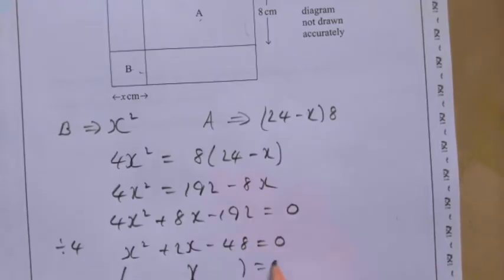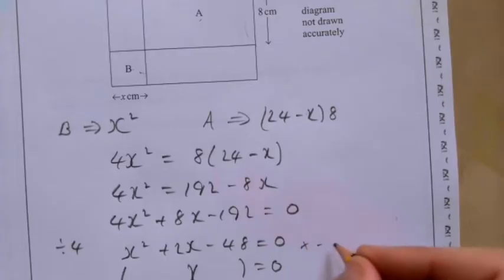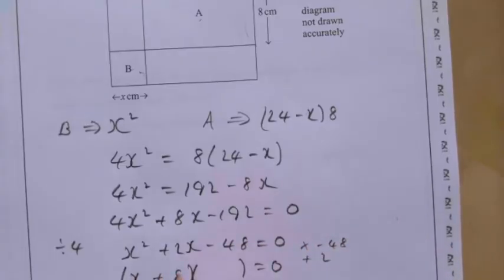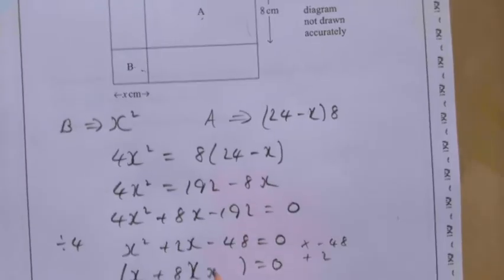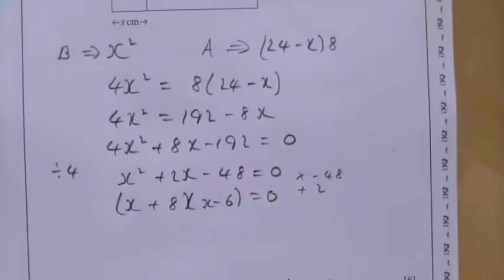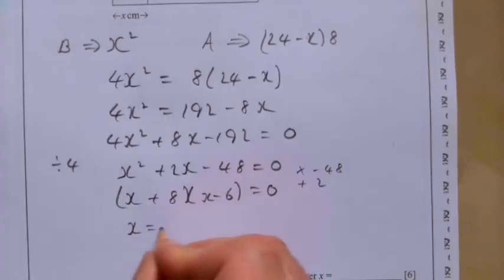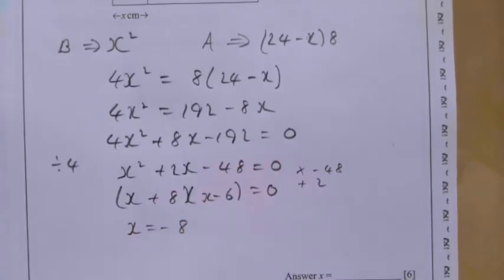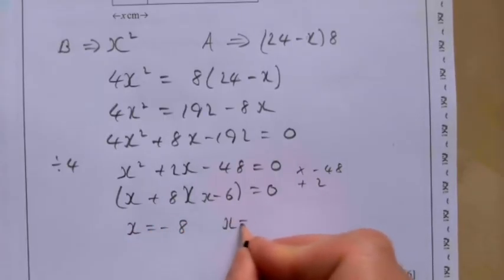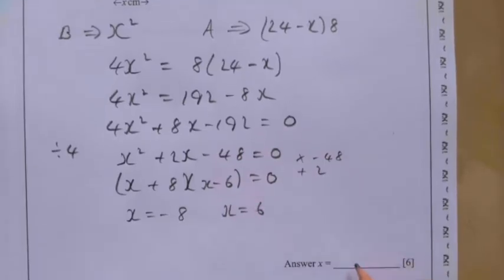I'm then looking for two numbers that multiply together to give minus 48, and they add together to give 2. So it's going to be (x plus 8)(x minus 6). That means x is minus 8, which doesn't seem like a reasonable length, or x equals 6. And so the answer then is going to be x equals 6.